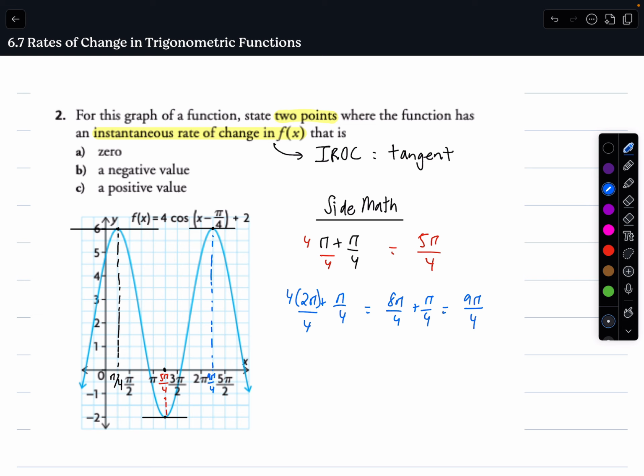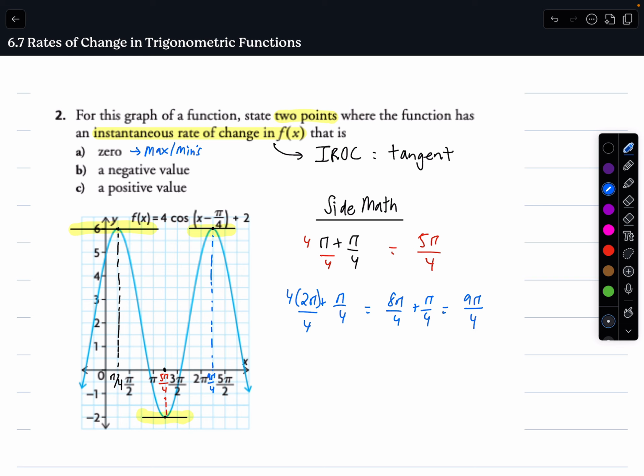So remember, where is this slope 0? The slope is 0, or the instantaneous rate of change, or the tangent line is 0 when we are at max or mins on the graph. Okay, let's look at the next one. Where is this a negative value?